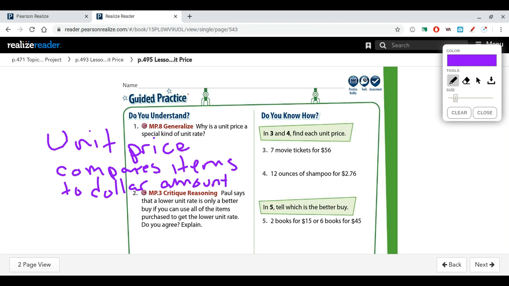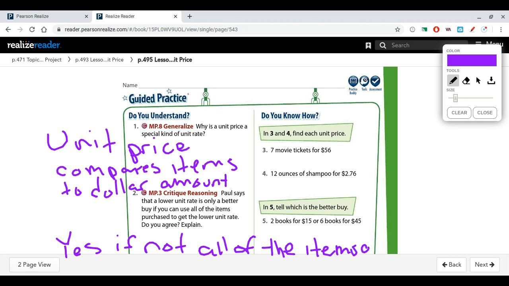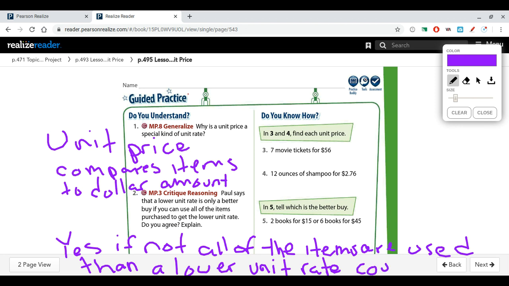If not all of the items are used, then it's not going to be cheaper. So, yes, if not all of the items are being used, then a lower unit rate could actually cost more.